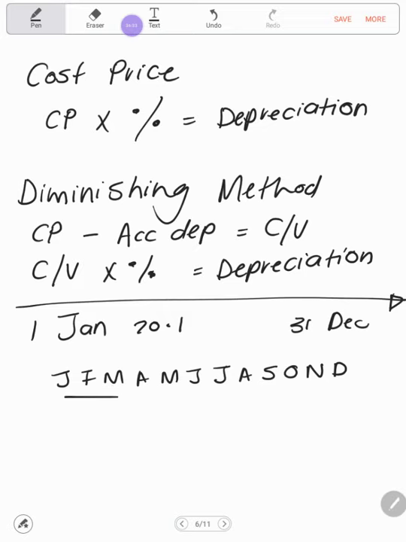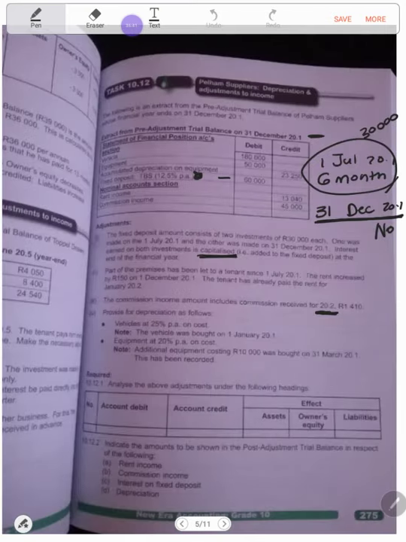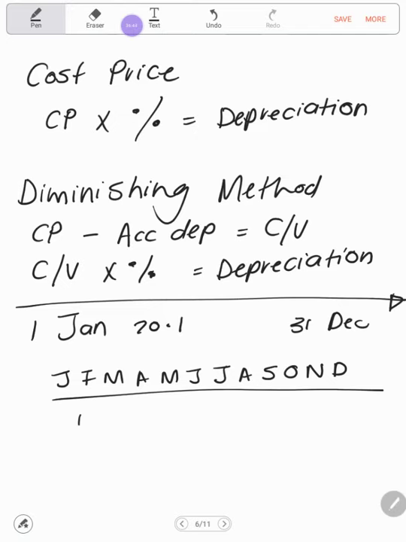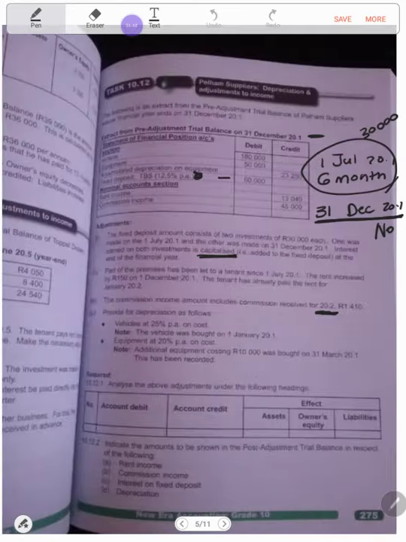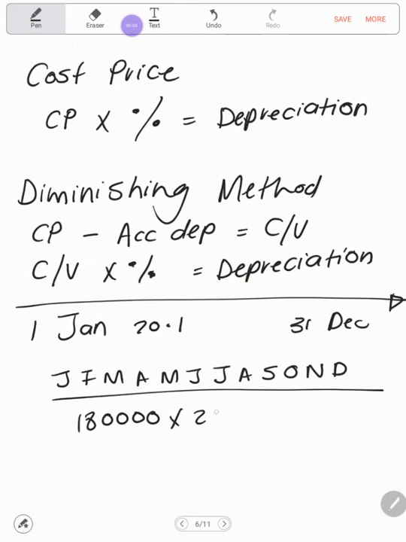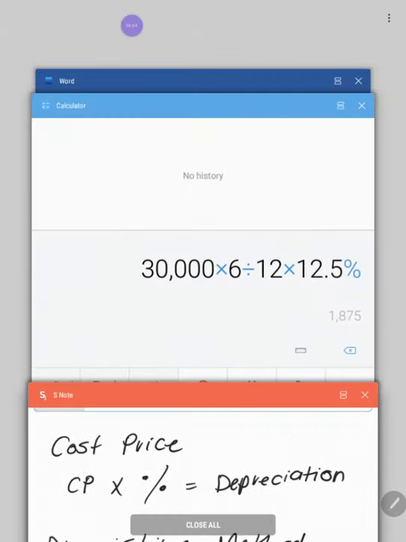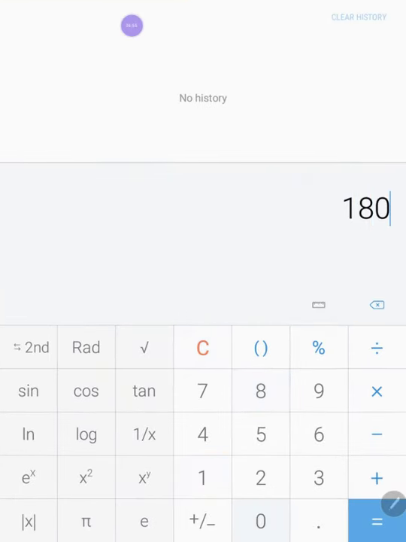So in total we had this vehicle for 12 months. So it's not really tricky. We'll just work out the cost price of the vehicle, 180 times the percentage rate of 25%, which is 45,000 rand.